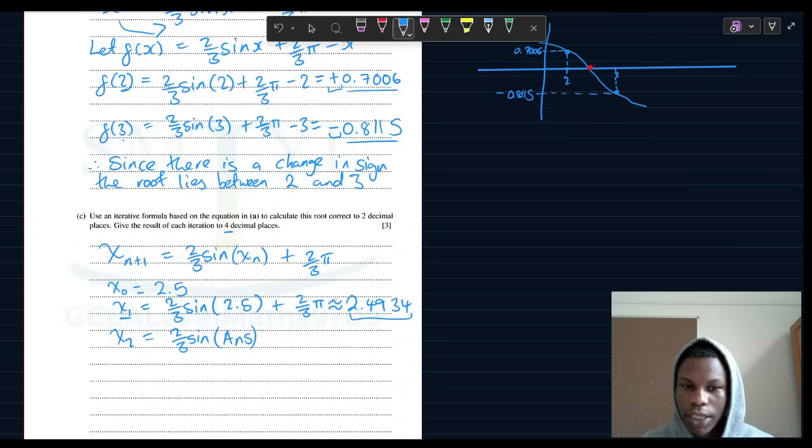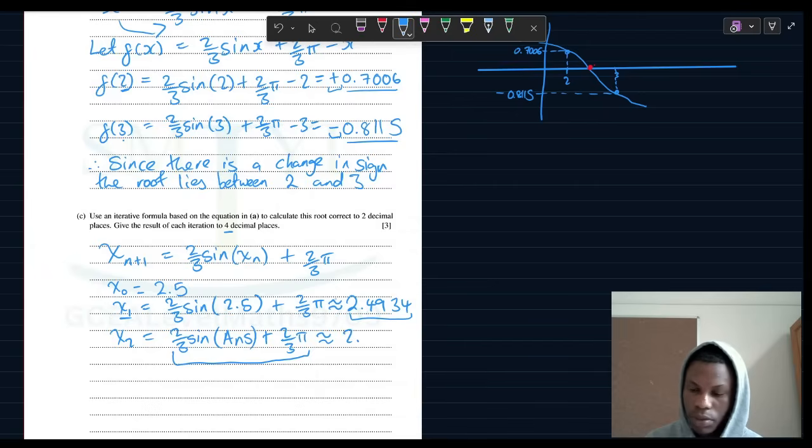Wherever you had your 2.5 or your 2 or your 3, don't delete anything in your calculator. Just go back to that value and replace it with ANS. So now what you have in your calculator looks like this: 2 over 3 sine of ANS plus 2/3 pi. And from there you can just press equals.